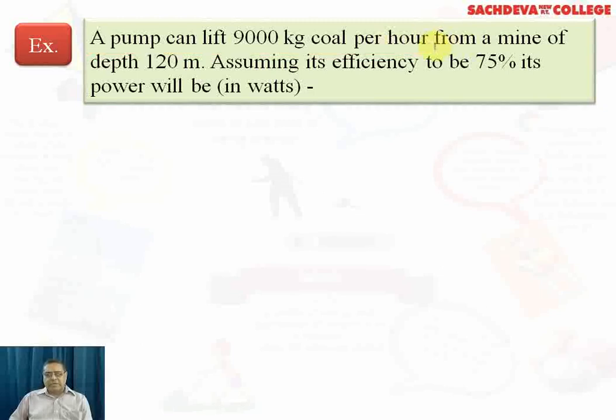The question is that a pump can lift 9,000 kilograms of coal per hour from a mine of depth 120 meters. Assuming its efficiency to be 75%, find its power in watts. 75% efficiency means 75 over 100, which is equal to 3 over 4.